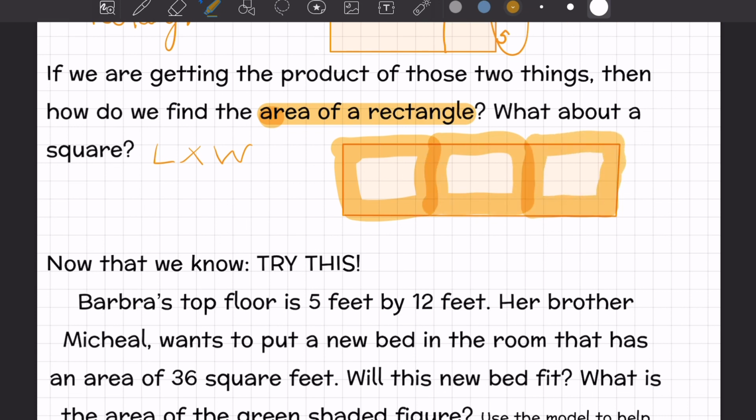So if a rectangle's area is length times width, then we need to know that a square's area would be the same. Length times width.